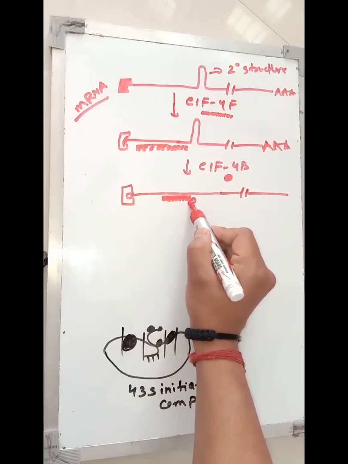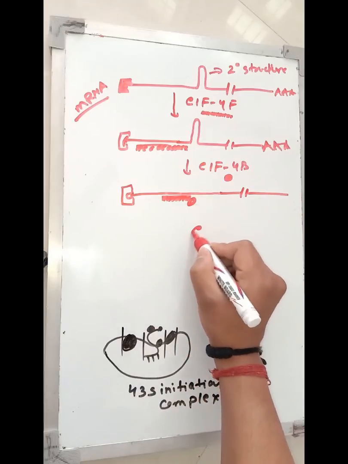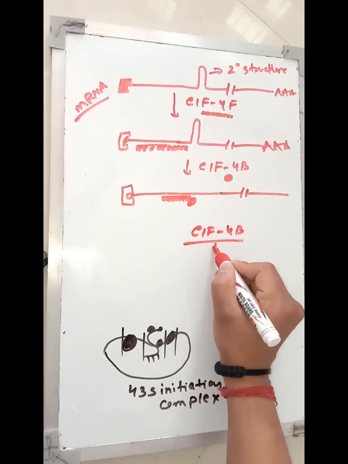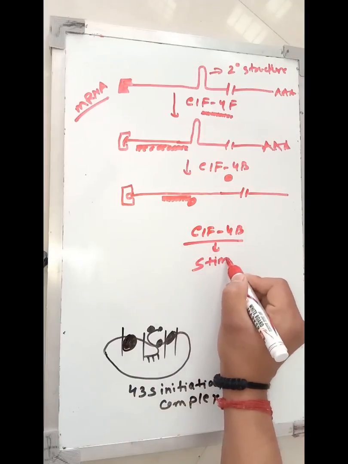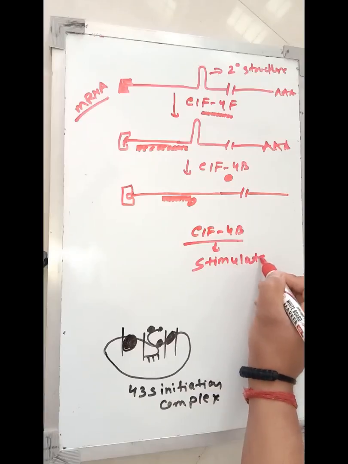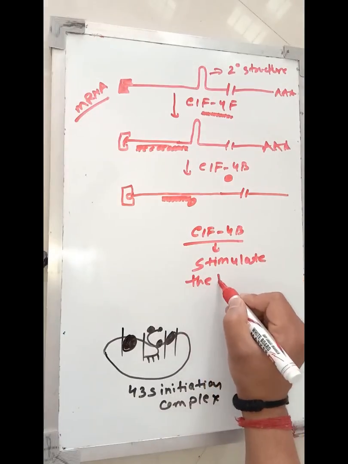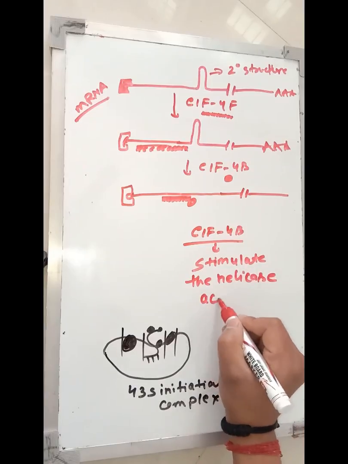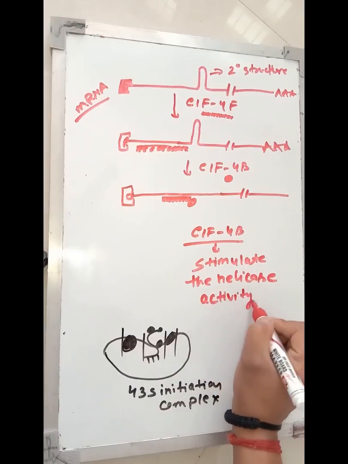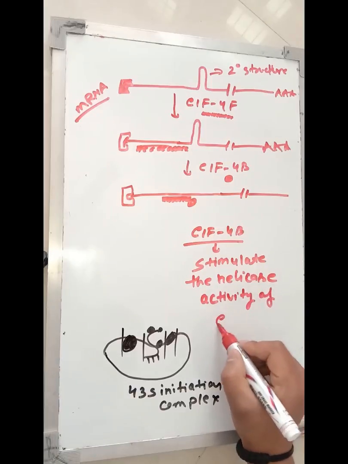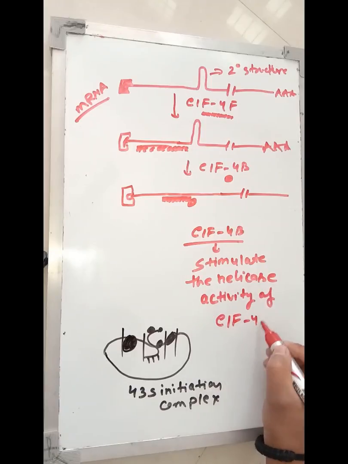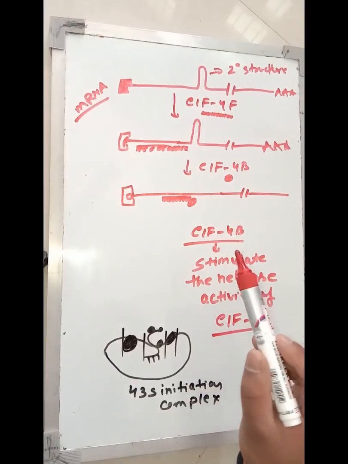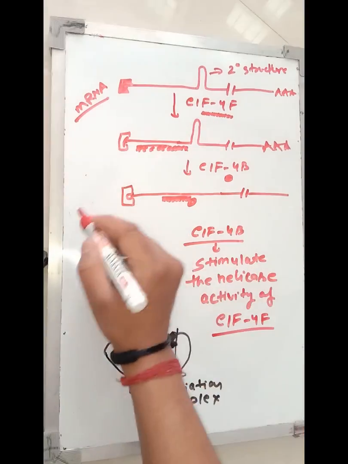So EIF4B stimulates the helicase activity of EIF4F, which causes the removal of the secondary structure.